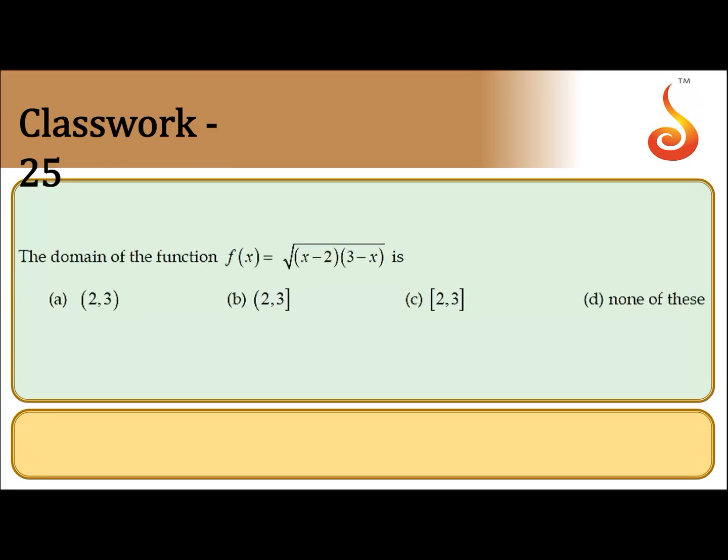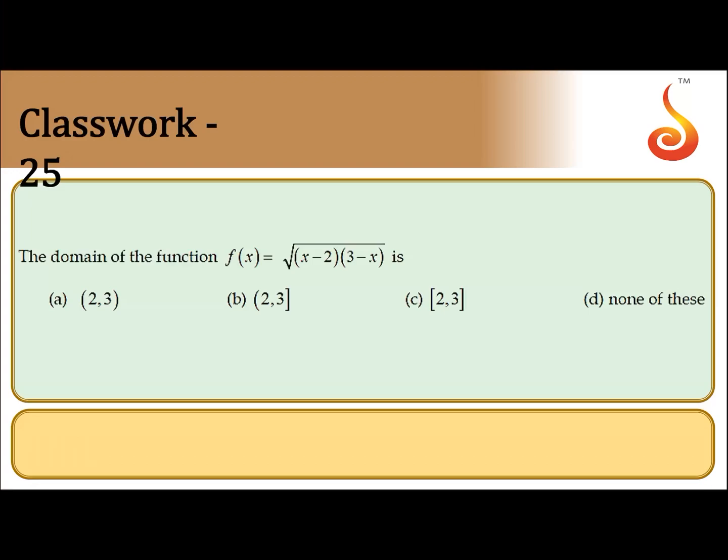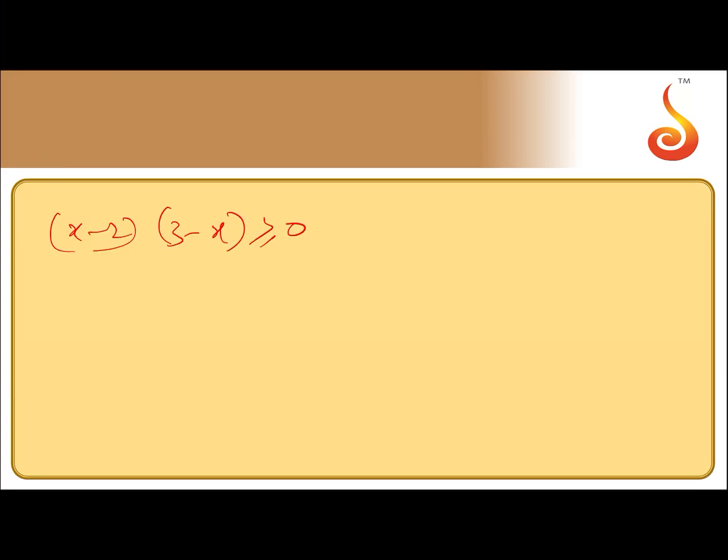Coming to the next one, the domain of the function f of x equals the square root of (x minus 2)(3 minus x). As the value under the root must be positive, we have x minus 2 multiplied by 3 minus x must be greater than or equal to 0. But if I interchange these two, multiplying by a minus sign, x minus 3 must be less than or equal to 0.